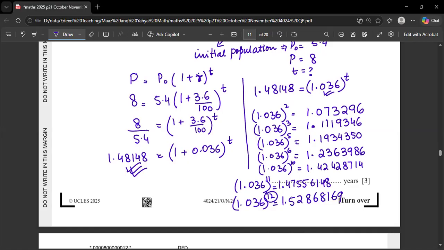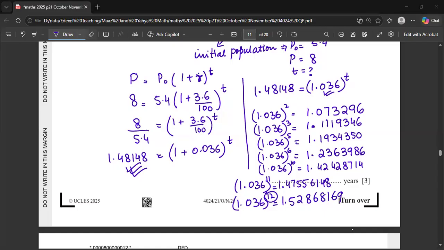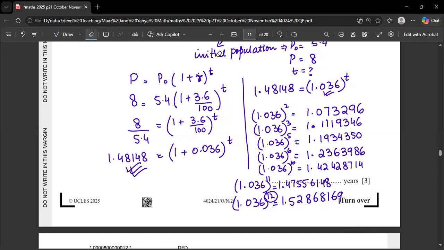Clear? So this means we have to refer to the question. The question was demanding the population reaches to, let me get back to that question, but let me erase this.